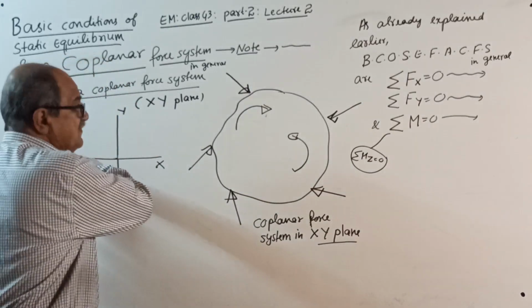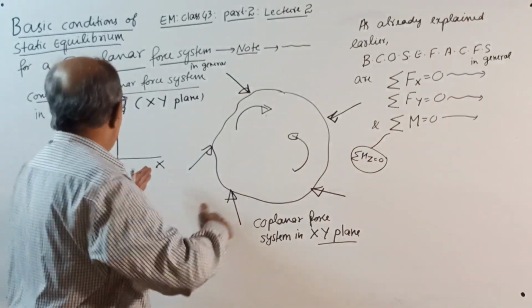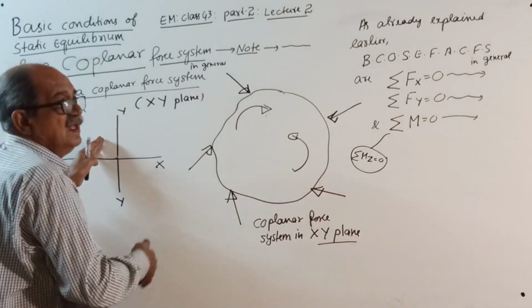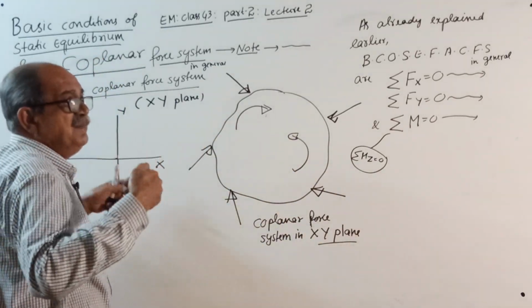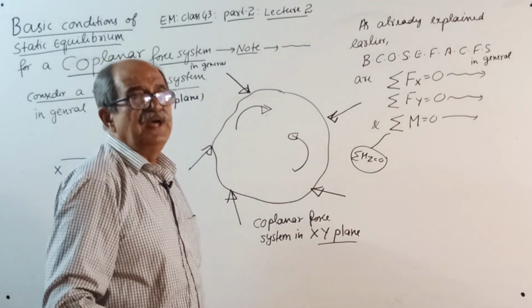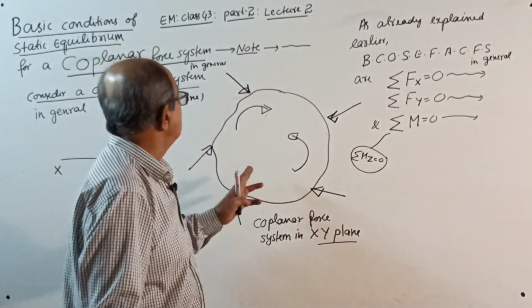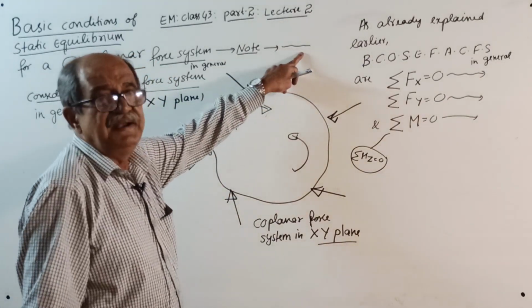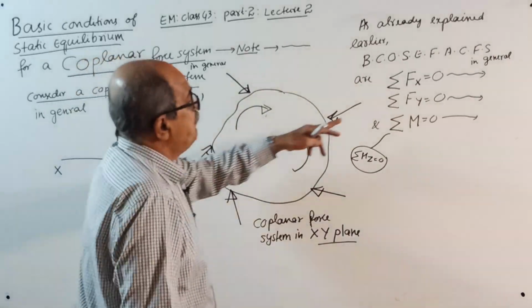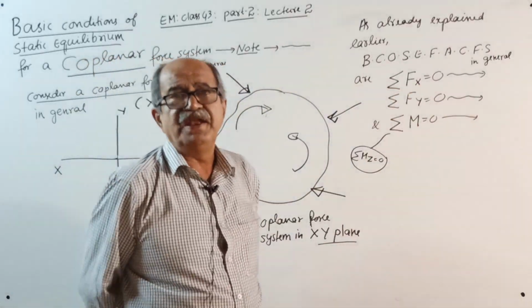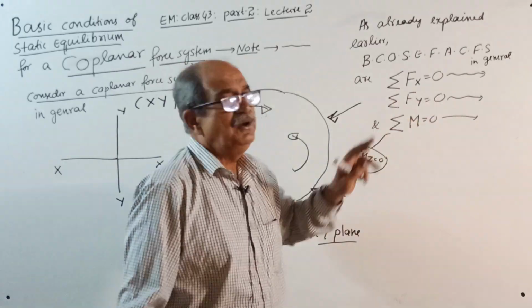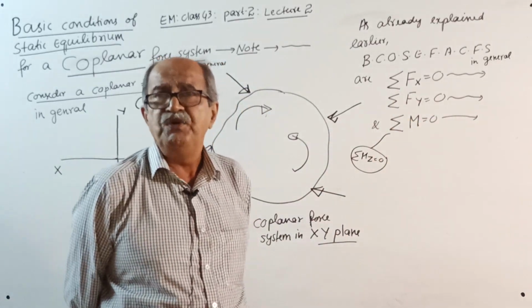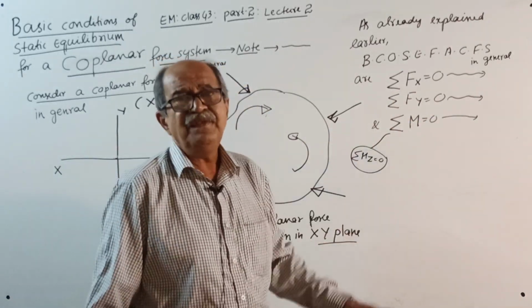The xx axis is horizontal, yy is vertical, and zz is perpendicular to the plane, meaning widthwise. That force we are not considering in coplanar. Therefore, a little later, instead of sigma Fx, we will write sigma H, instead of sigma Fy we will put sigma V, and sigma M will remain sigma M only.